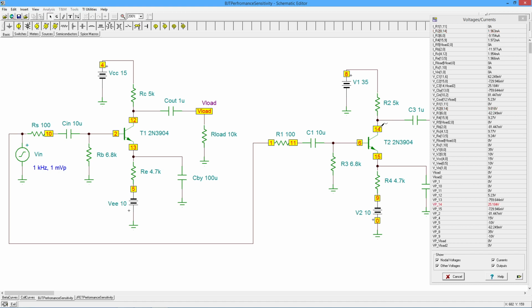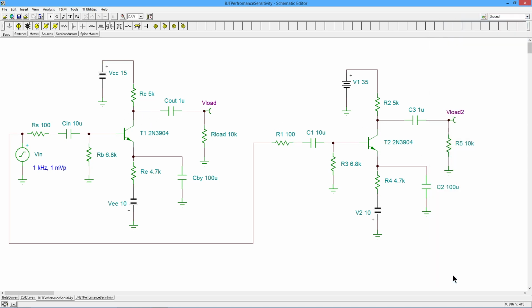But when I look at the collector voltages, the DC collector voltage over here is a little over 25 volts, and over here we're only getting a little over 5 volts, which would make perfect sense. This is 20 volts bigger than this. If they have the same drop on RC, then this collector should be 20 volts higher than this collector. But like I said, virtually all the other currents are very, very close.